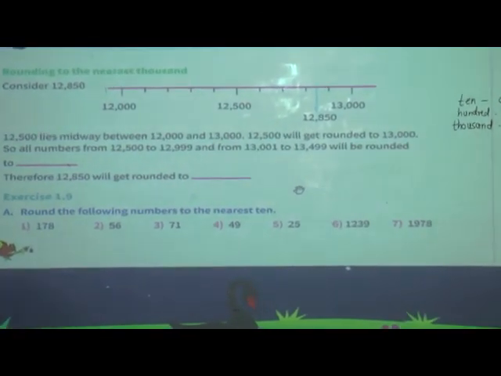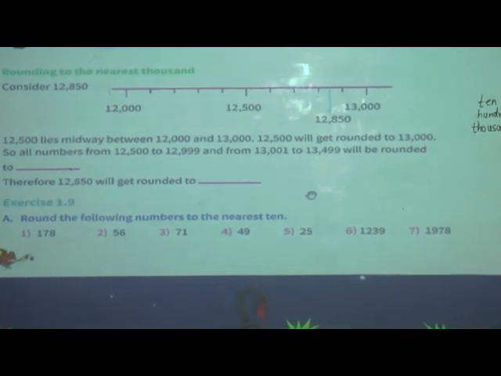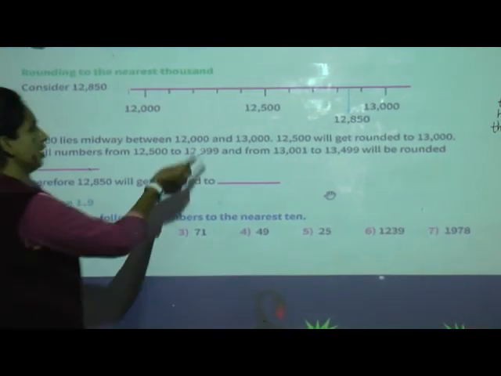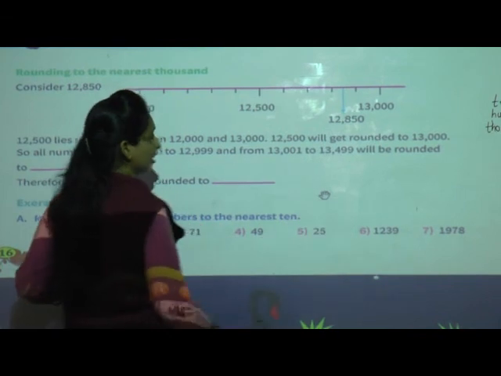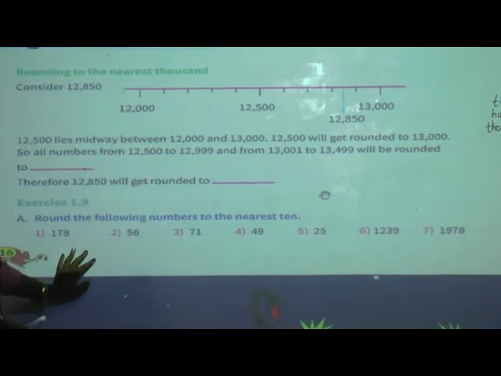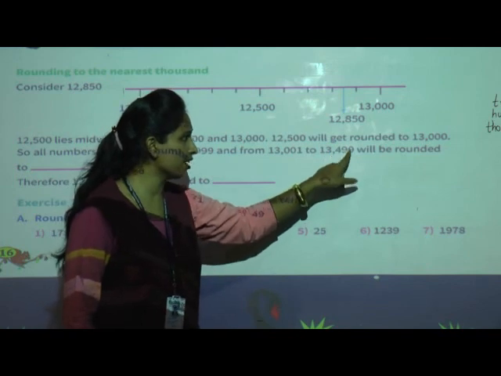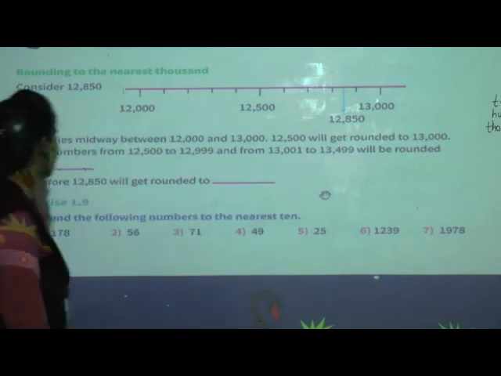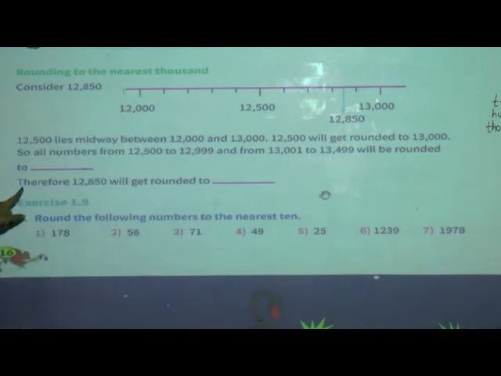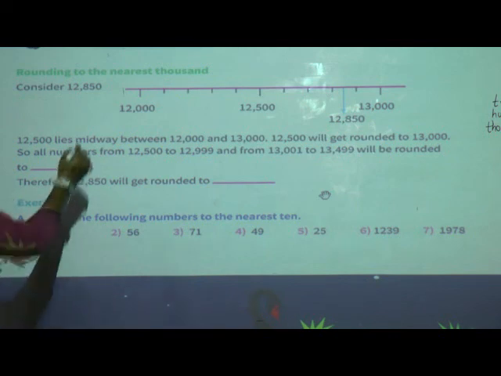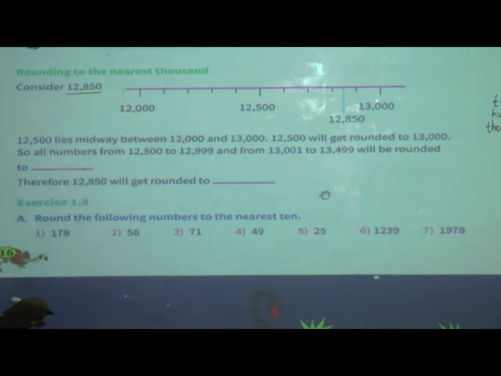So all numbers from 12,500 to 12,999 and 13,001 to 13,499 will be rounded to... where will they be rounded? Yes students, just think. The question is 12,850.